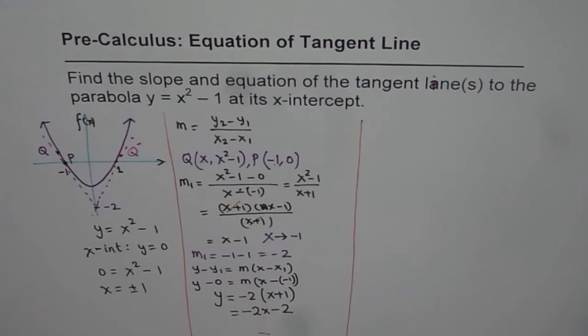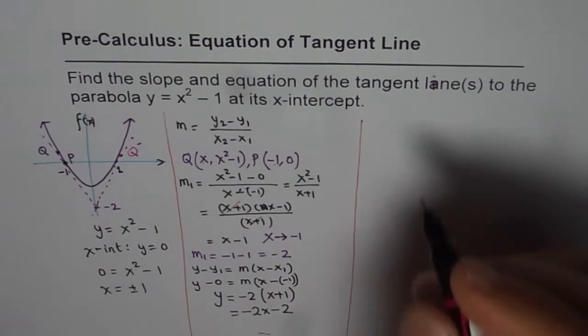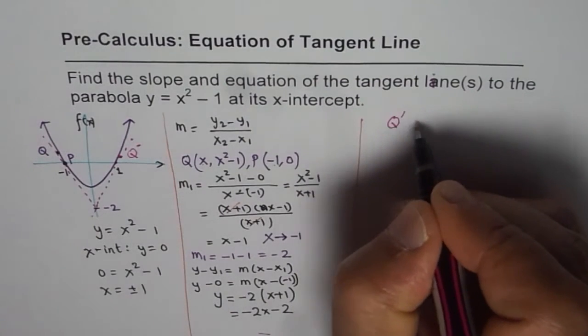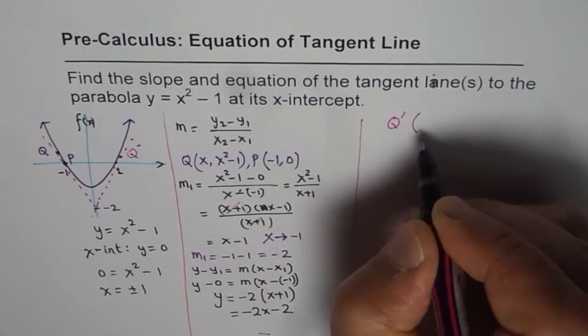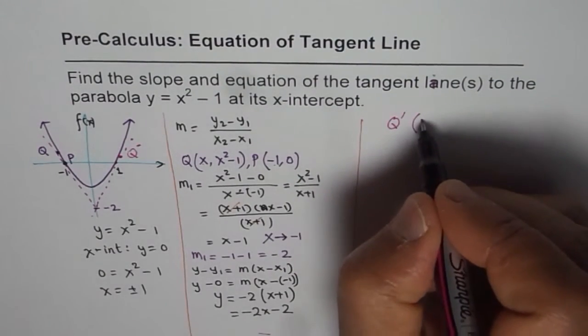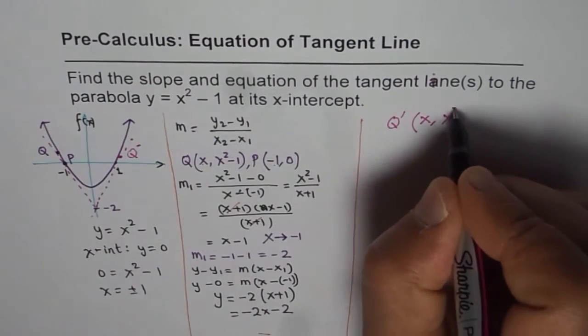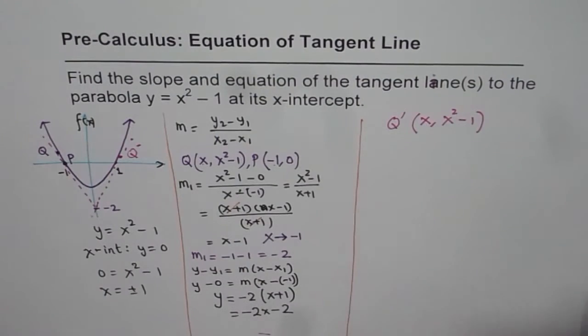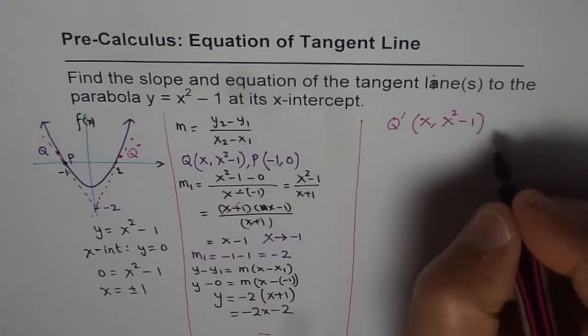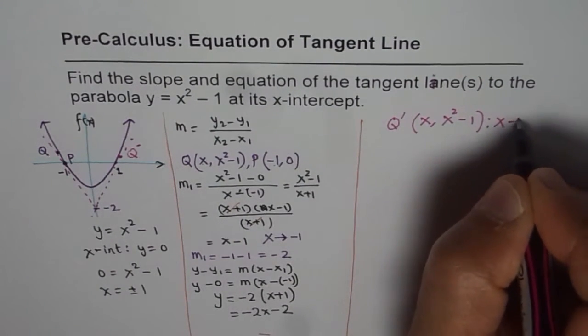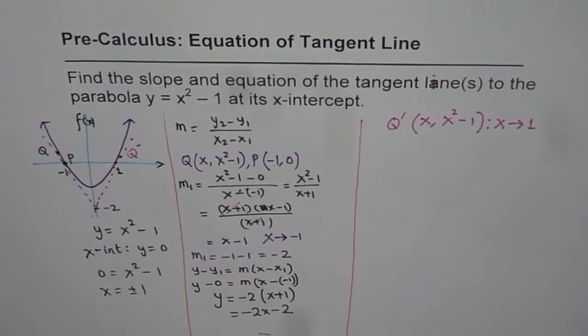Now what we have here is the point q dash, with x value of x, and the y value is going to be x square minus 1, correct? And here, as we know, x approaches 1, but it is not 1.